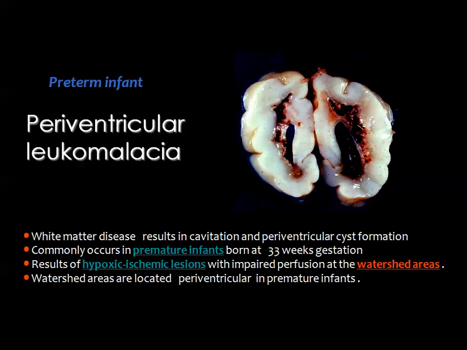And you remember that most of these lesions will occur in the periventricular area due to the development of the blood supply to the brain tissue in this particular age group. Then periventricular leukomalacia means that there are ischemic changes in the white matter, and this will appear immediately related to the wall of the ventricle.